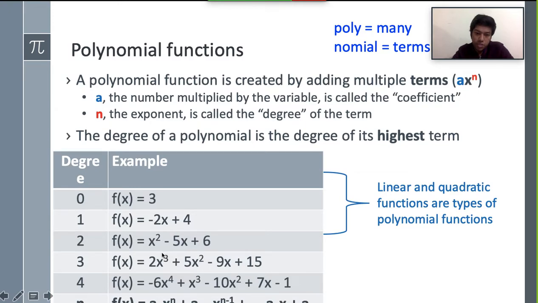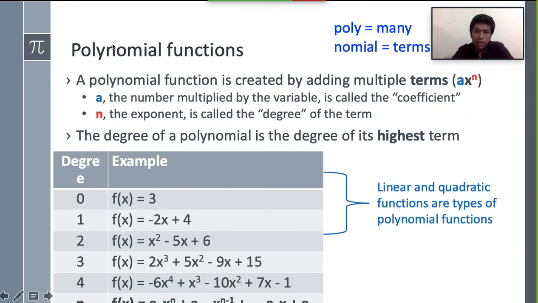This is 2, this is 3, this is 1. So highest is 3. That's why we will say that the degree of this function is 3. You will see that there are lots of other numbers there, but we will consider the highest one as the degree of that whole polynomial function.